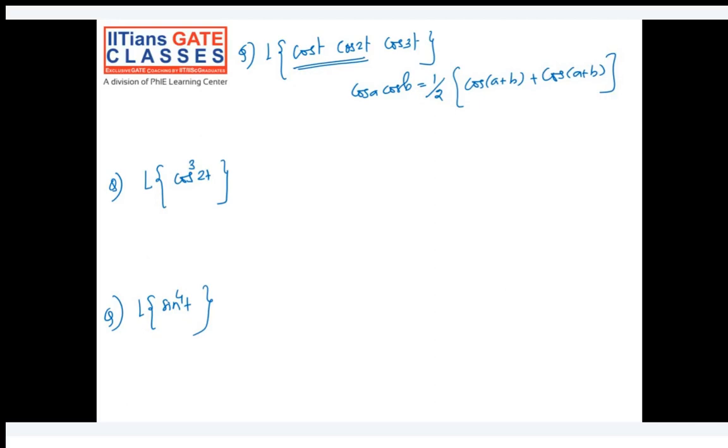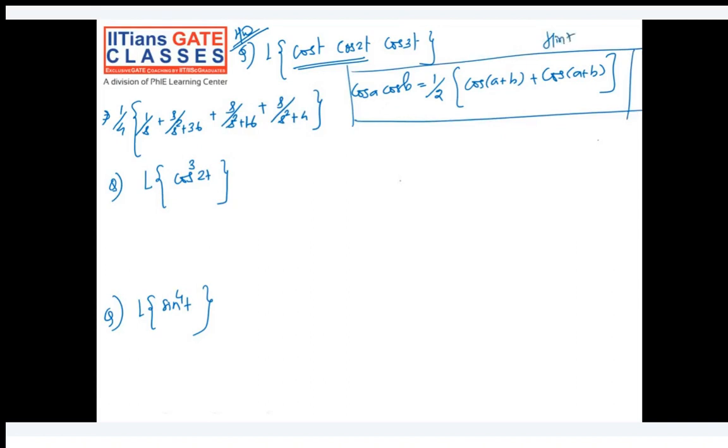You solve it, it is for your homework, and finally you should get this answer: 1 by 4 times 1 upon s plus s divided by s square plus 36 plus s divided by s square plus 16 plus s divided by s square plus 4. Okay, this is the answer you should be getting, and this is your hint.